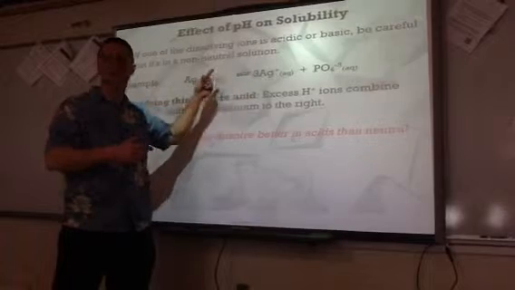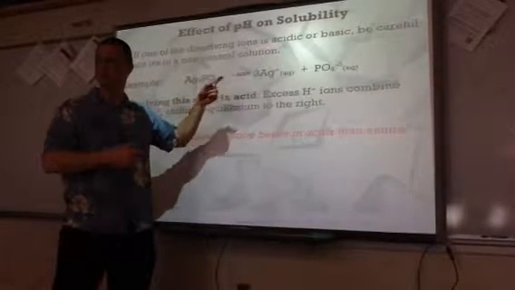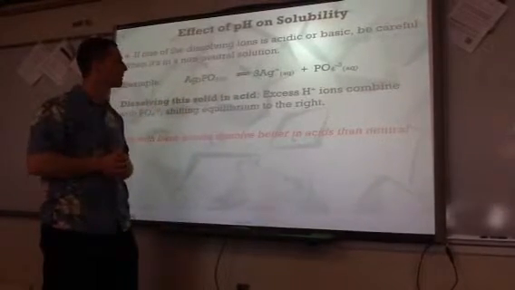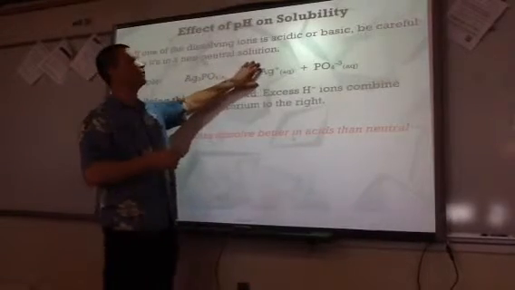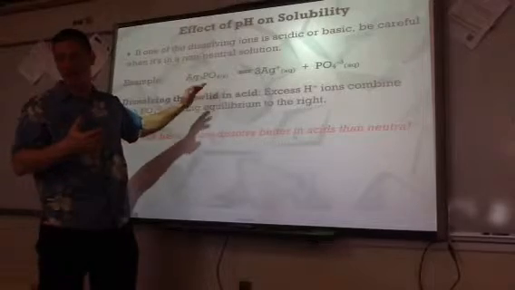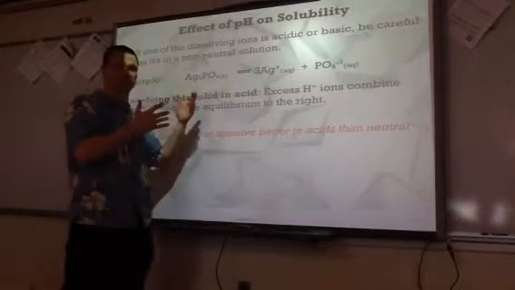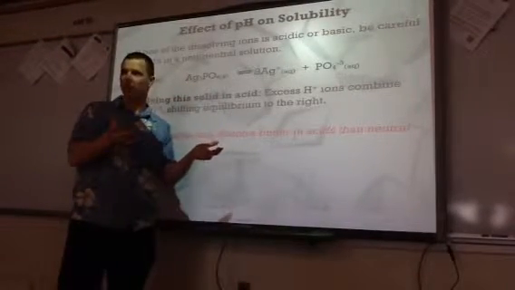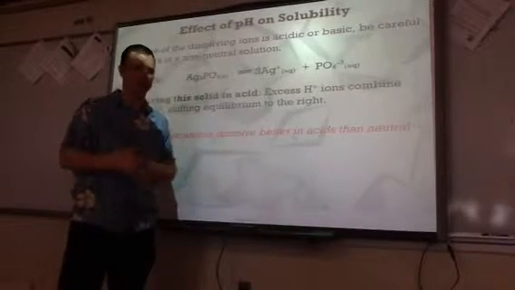Causing more and more to dissolve. So if you dissolve this in acid, just about all of the silver phosphate will dissolve. Whereas if you just put it in pure water, it's just going to sit there and hardly do anything. It won't do anything noticeable at all.